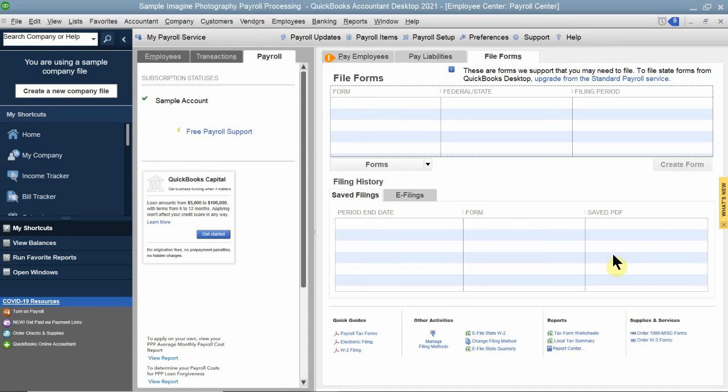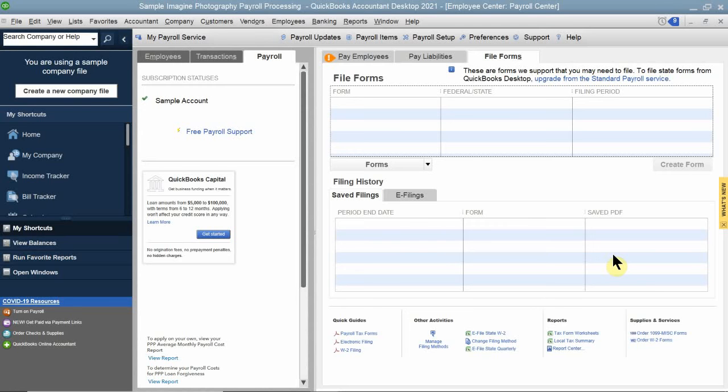So this small section, unfortunately, again, is a more advanced level of usage, because once again, QuickBooks is essentially a tax accounting type of program. It just makes it that much easier to file taxes. And this right here, filing forms, is one of those things that makes it easier for you.